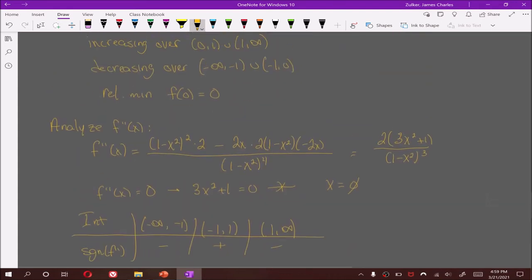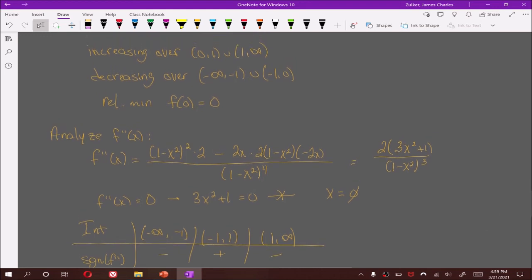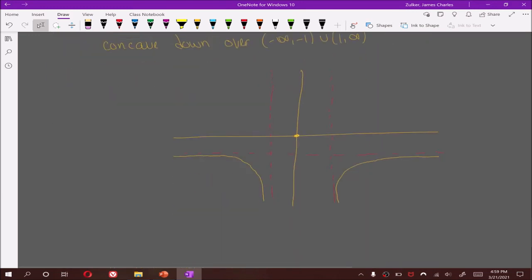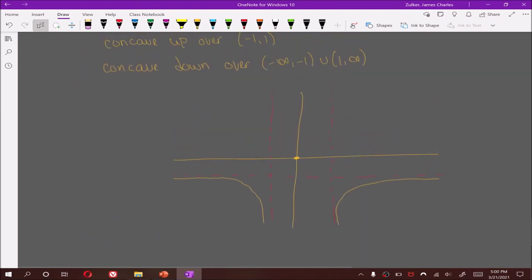Then in the middle, it is strictly increasing. I'm sorry. It was increasing from 1 to infinity, decreasing from negative infinity to negative 1, but concave down. It's concave up in the middle, and it starts off by decreasing and then turns increasing. This is a relative min, the origin. So it would do something like this. And that would be a sketch.